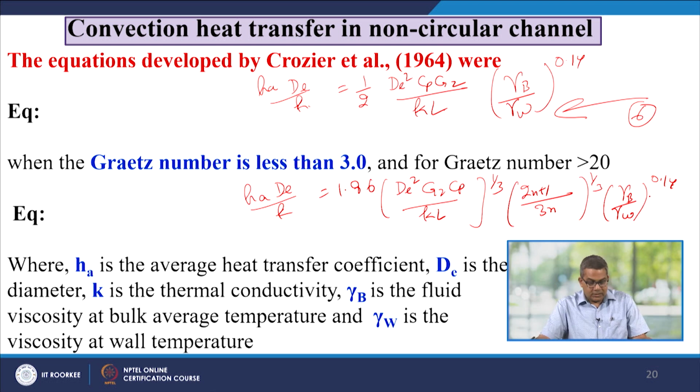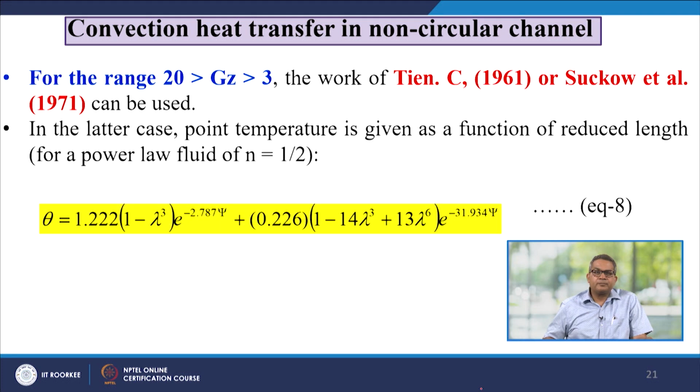Now, here h is the average heat transfer coefficient, D_e is the diameter, k is the thermal conductivity, eta_B is the fluid viscosity at the bulk temperature, and eta_W is the viscosity at wall temperature.